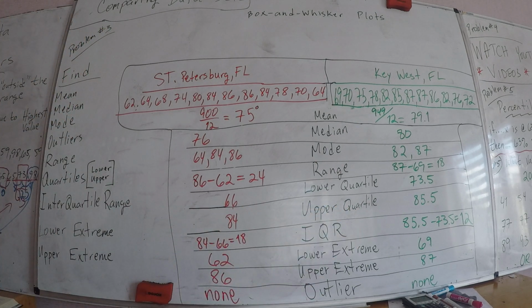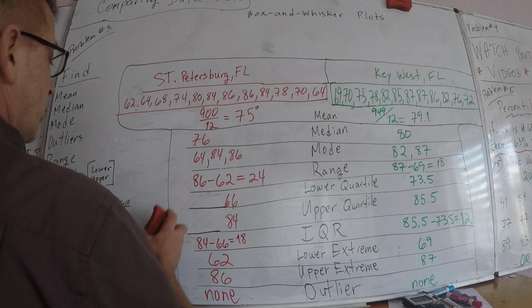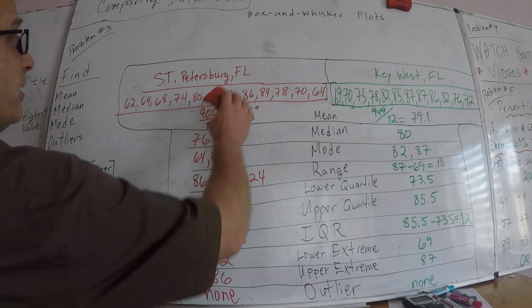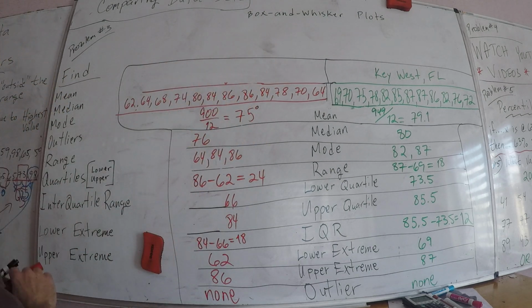The lower quartile. Okay, well, I guess I'll put it in order for you. Just to show you. Actually, they did it in the book. That's okay, I'll do it. St. Petersburg, right?